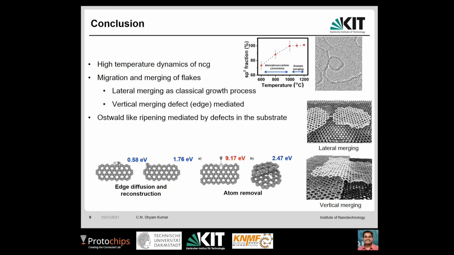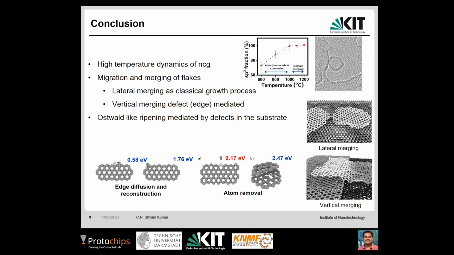And we also did some MD simulations to look into some of the activation energy associated with this. And what we learned is that the activation energy for atom removal from the small flake comes down drastically near defects. So the flake can lose atoms to a defect in the substrate, and it can also migrate through the active edges and extended line defects.